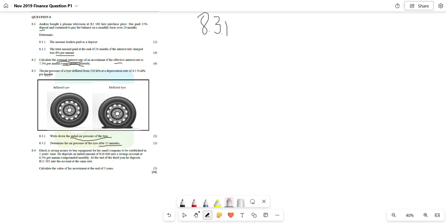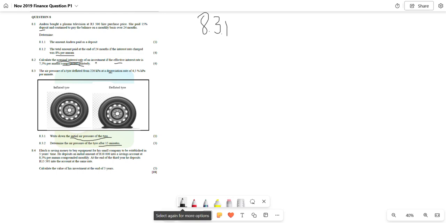Then 8.3 reads as follows. It says the air pressure of a tire deflated from 220 kPa, kilopascals, at a depreciation rate.